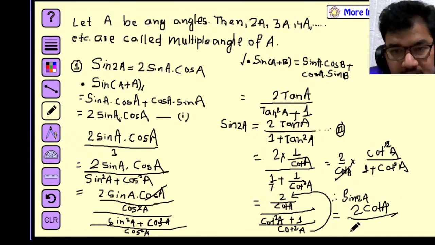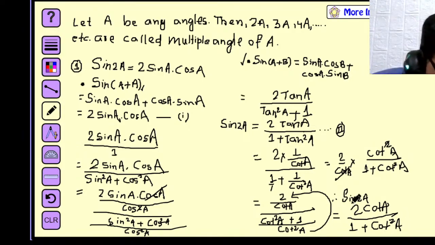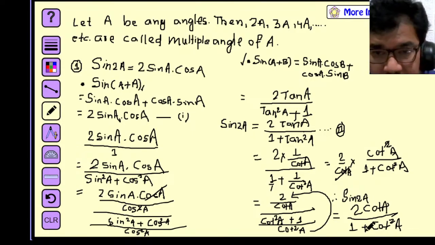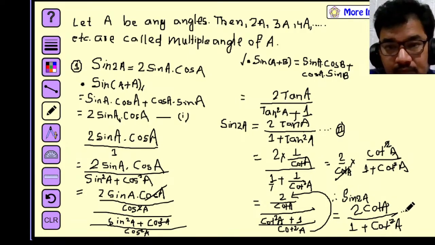And whole, this is divided by 1 plus cot square A. Like this, sine 2A value comes in cot A like this, 2 cot A by 1 plus cot square A. This is our third relation, okay?